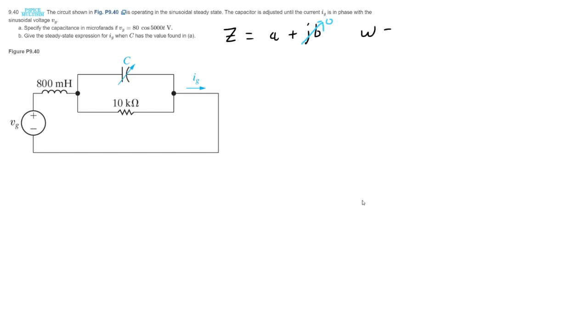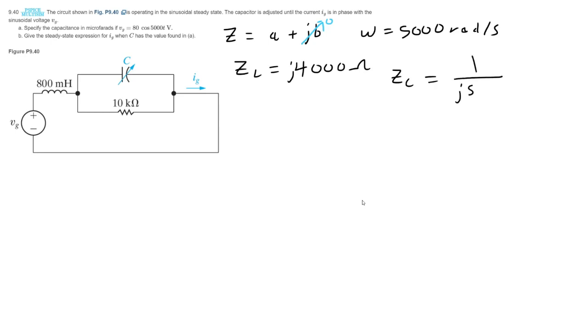So we're going to need to know the angular frequency, which is given as 5,000 radians per second, which means that ZL is going to be 0.8 times 5,000 J, so that's going to be 4,000 J ohms. And our capacitor impedance is going to be 1 over J 5,000 times C, our unknown value.